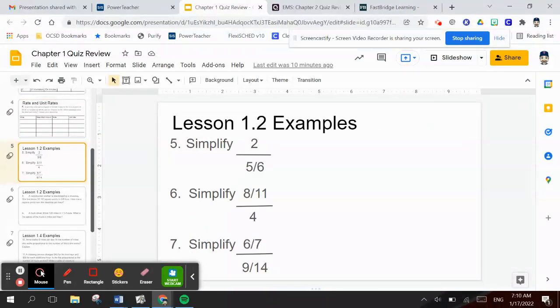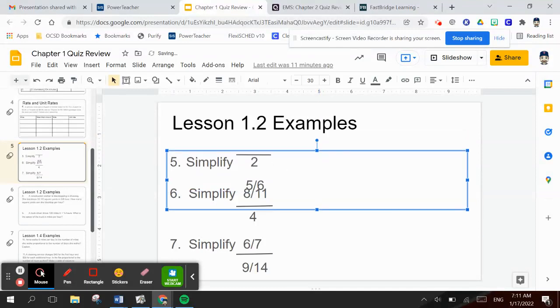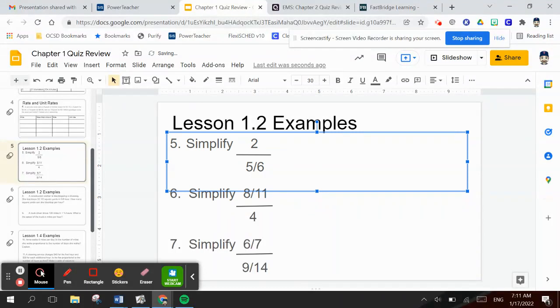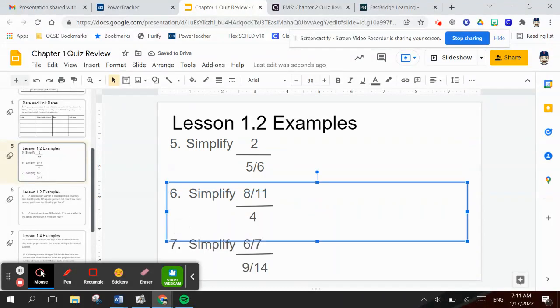So in lesson 2, we had complex fractions, and we have to simplify. So 2 over 5/6 simply means 2 divided by 5/6.